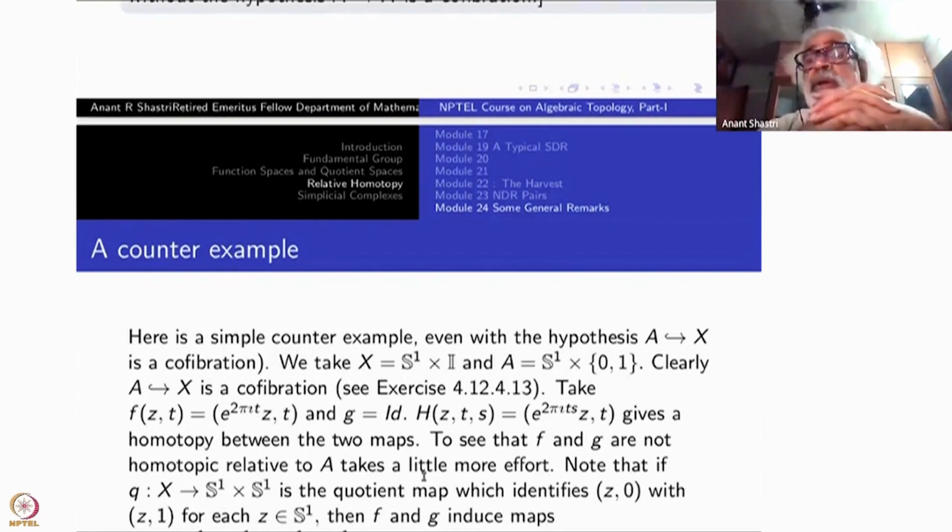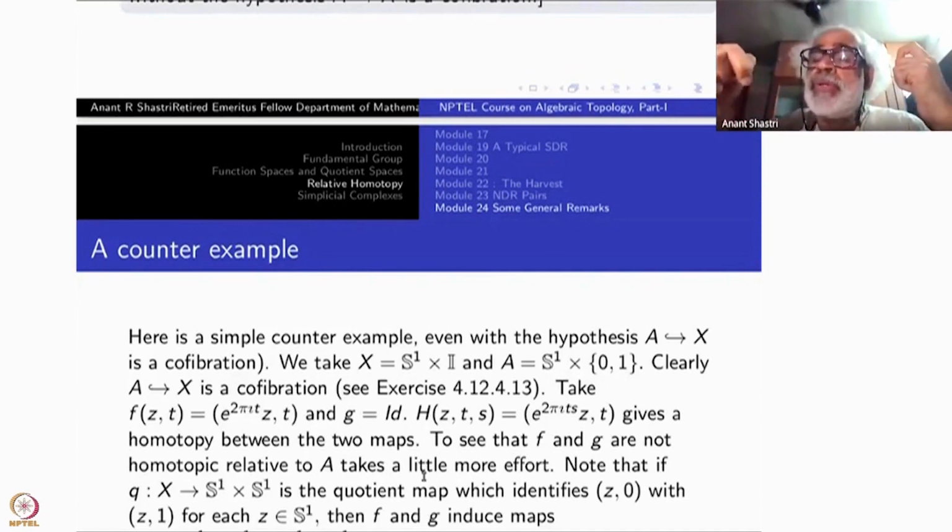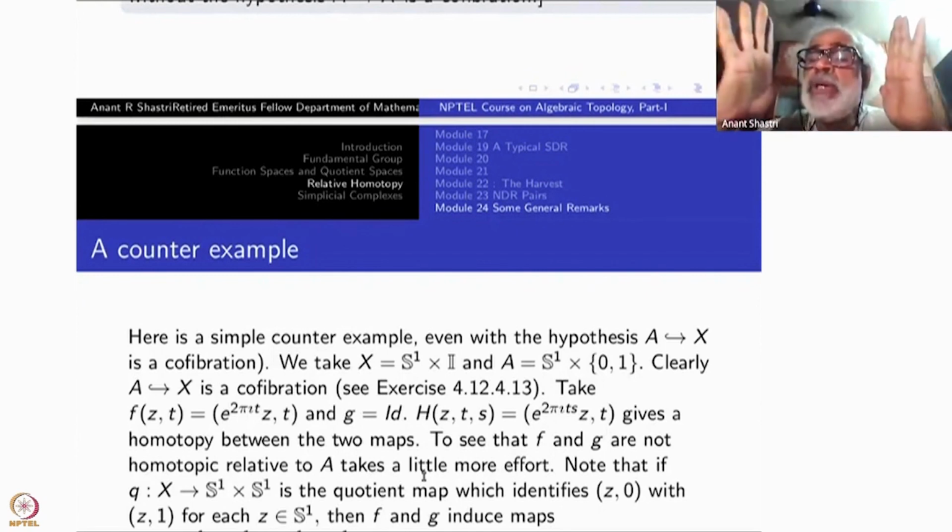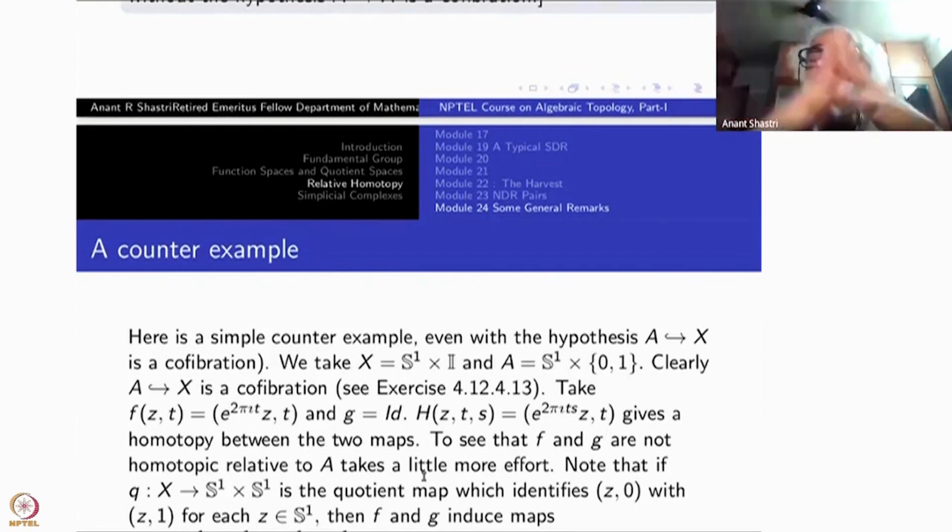When you want to say they are not homotopic, it is not that you cannot construct one. We should show that there cannot be a homotopy relative to the endpoints, the S1s. S1 cross 1 and S1 cross 0, all the points of that should be kept intact while the homotopy takes place. How to do that? So that takes a little more effort.